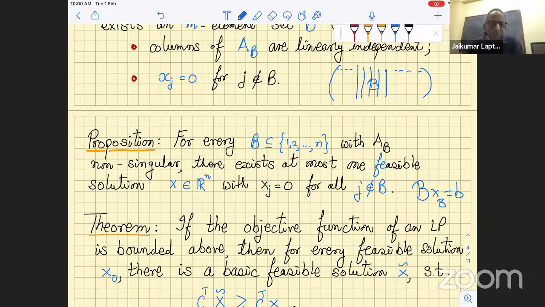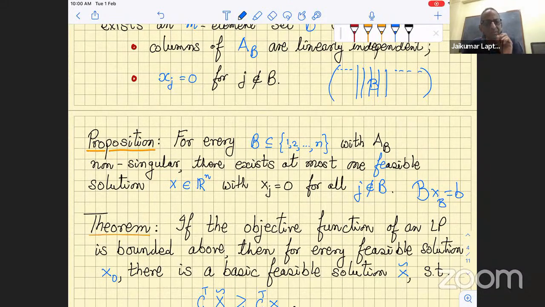And what we will show next is that the optimum always happens at one of these basic feasible solutions. So let me say it correctly: we can restrict attention to just basic feasible solutions, and we will not miss the optimum solution.